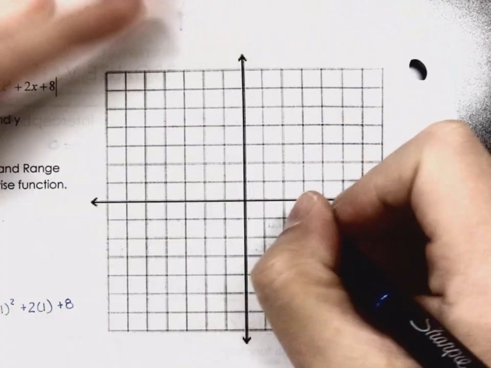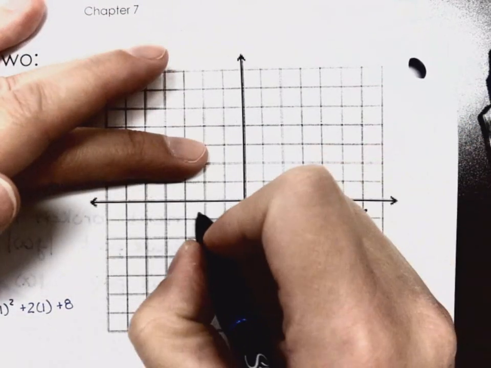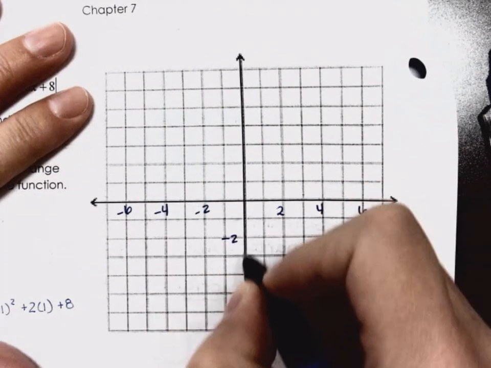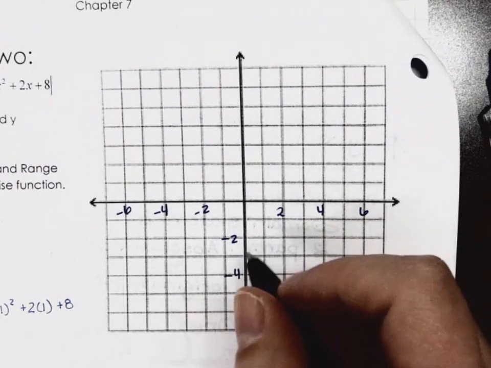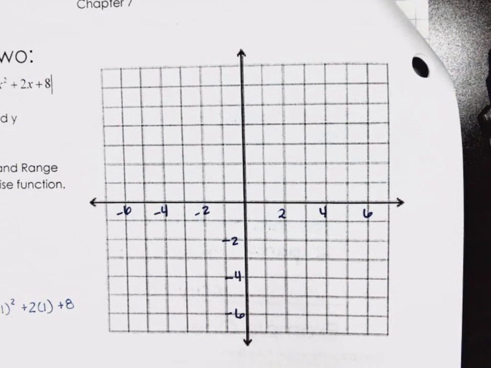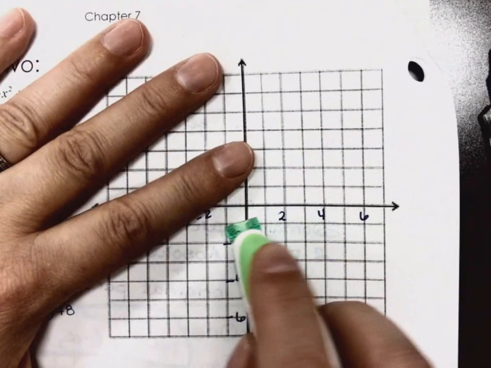Uh-oh. Anybody see my problem? We need to go up to 8. We need to go up to 10. Or 9. 10, like 10, or 9.